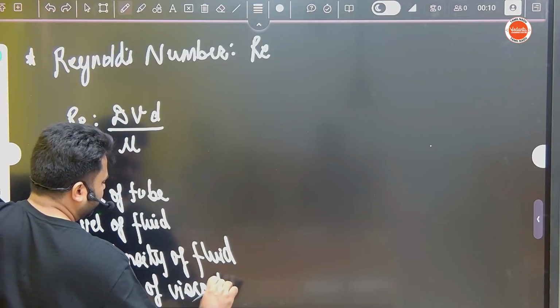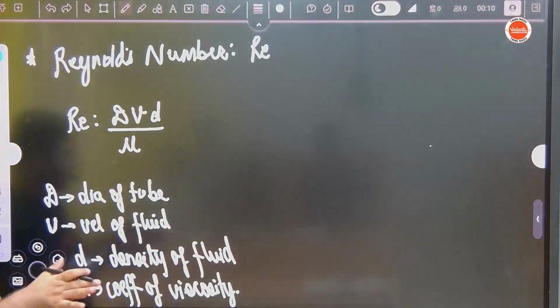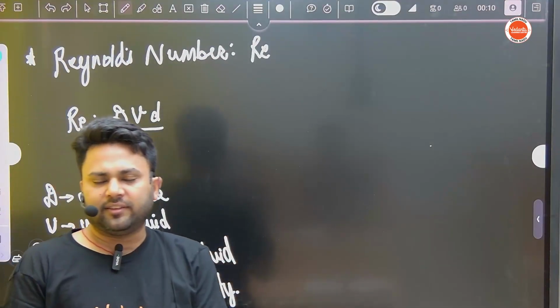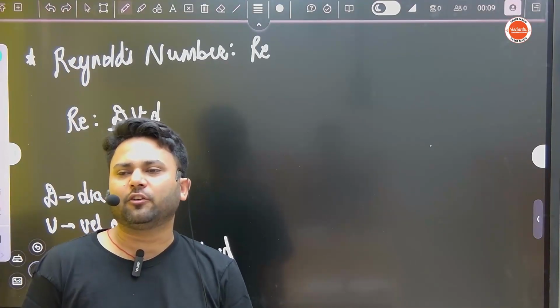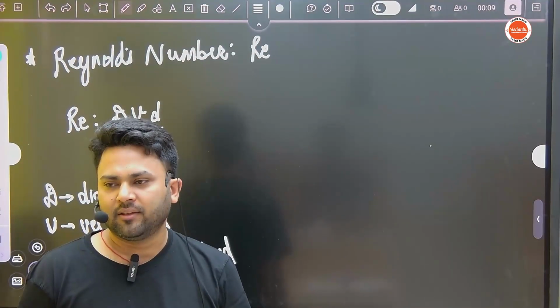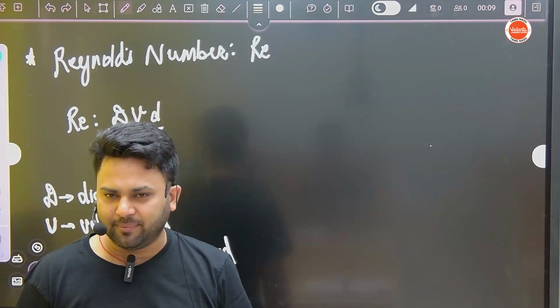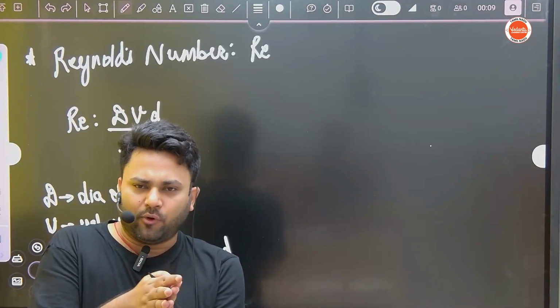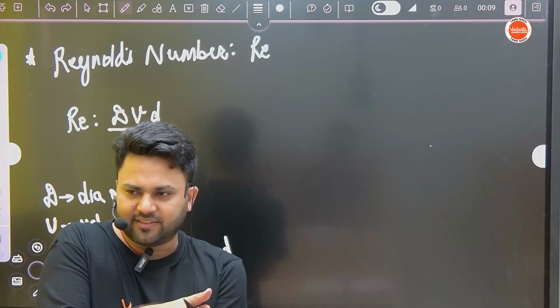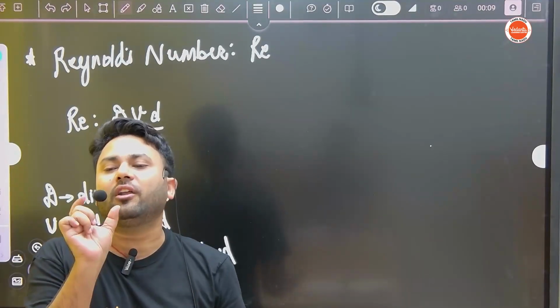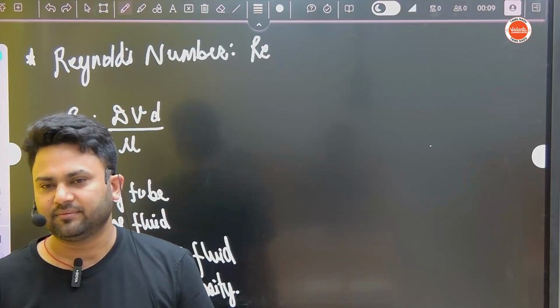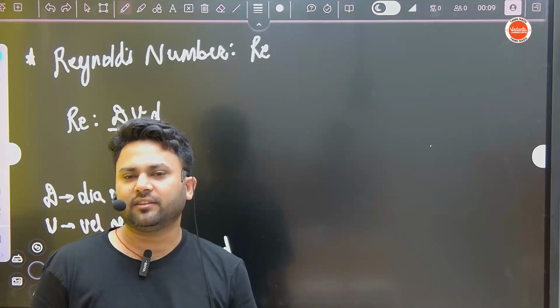Like in solids, if two objects are having relative motion, they have friction. What is the maximum value of friction? Mu into N, where mu is the coefficient of friction. Similarly, when liquids are flowing layer by layer, friction is there. In a liquid or fluid, this friction is called viscosity.